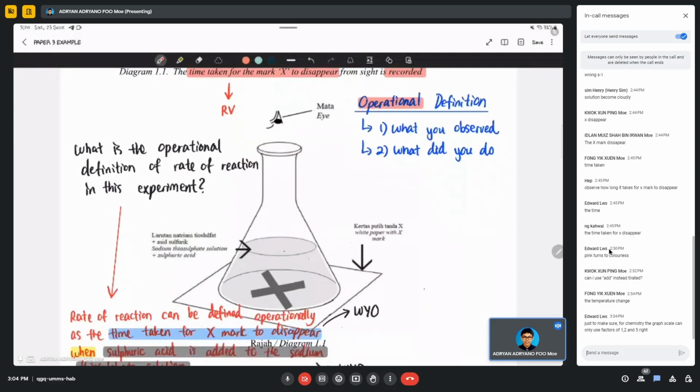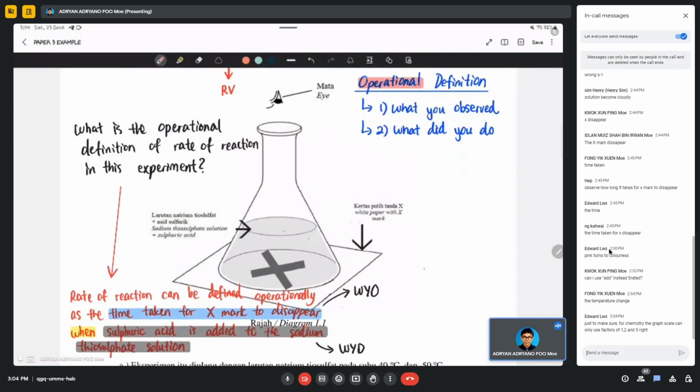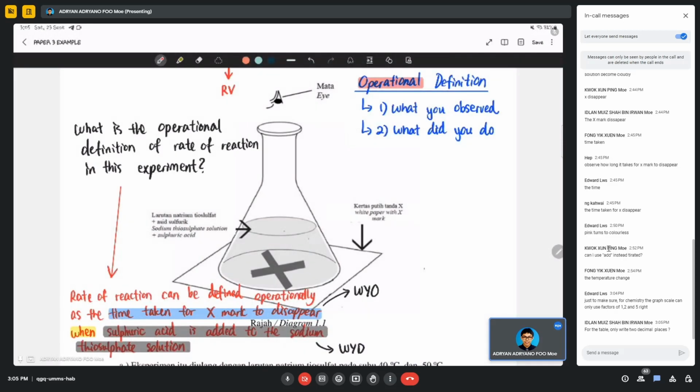Because I remember that year I did not follow it for chemistry, I put 0.3, 0.6, because my data was like 0.3, 0.6, so I just followed the data to plot, I didn't bother because I had no time. You must remember you only have 45 minutes to do this experiment and record data and write everything, plot graph. You have no time to think about this and that. For the table only write 2 decimal place.